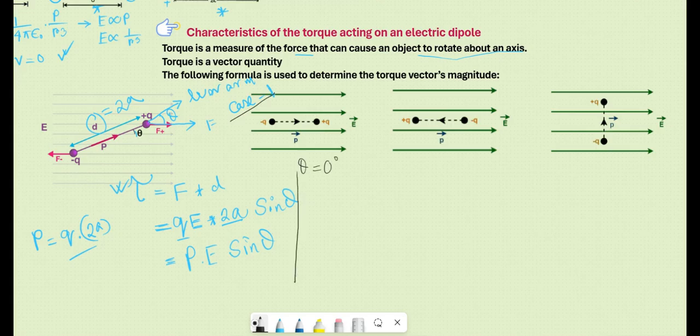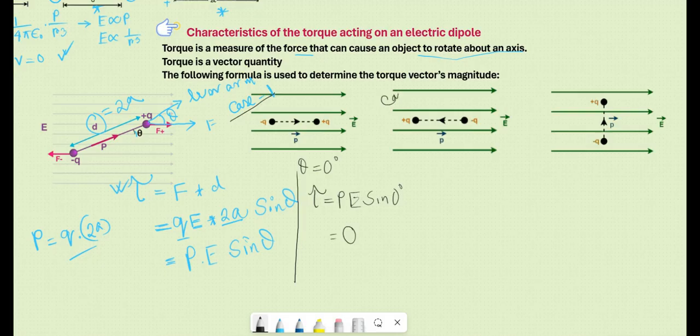Or we could say for case number 1, the electric dipole gets aligned with the electric field. It means theta is equal to 0. In that case, torque is equal to PE sine 0 degrees. So we'll get the value 0. This is the minimum value.